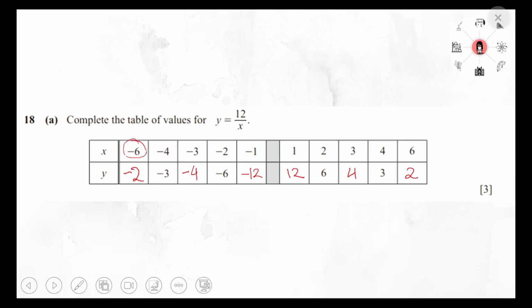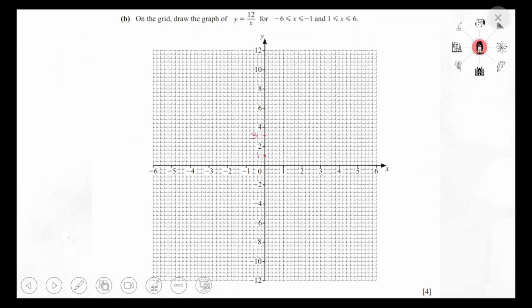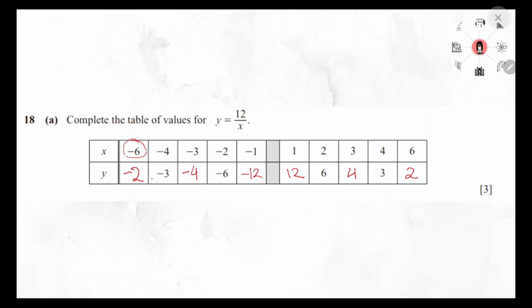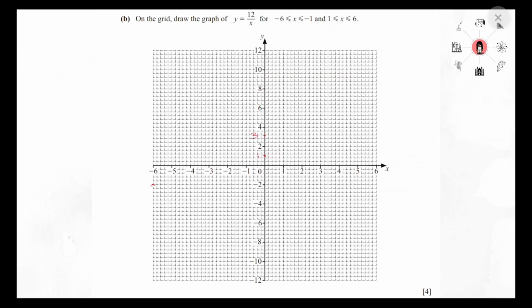First one is minus 6, minus 2. Minus 6, minus 2 is here. Minus 2 would be there. Minus 6 over here. So that's where the first point is. Next is minus 4 and minus 3. So minus 4 over here, and minus 3 would be here.